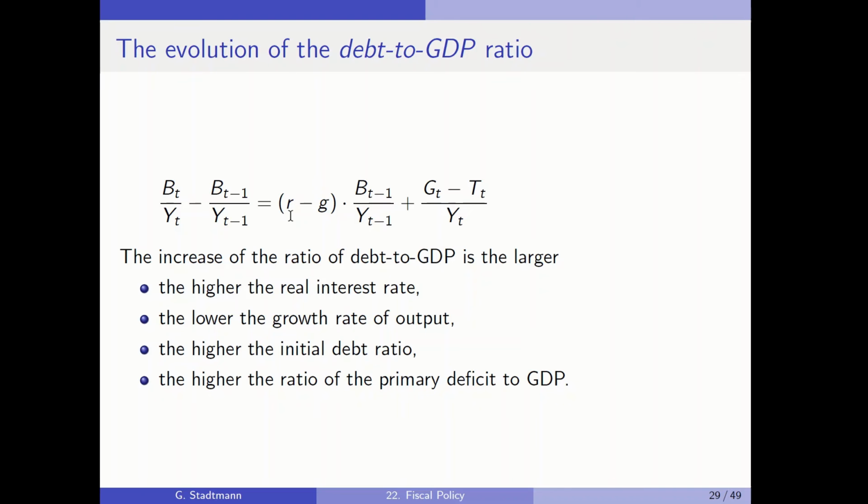So in case that r is higher, then of course the term on the left-hand side will increase faster. The increase of the ratio of debt to GDP is the larger, the lower the growth rate of output. So in case that the growth rate g is very low, then also the left-hand side will increase faster.